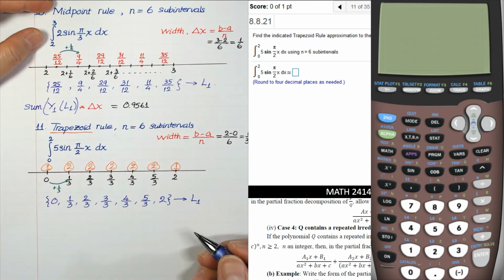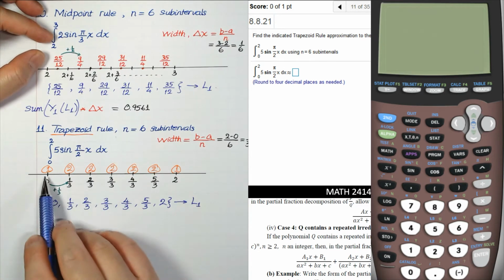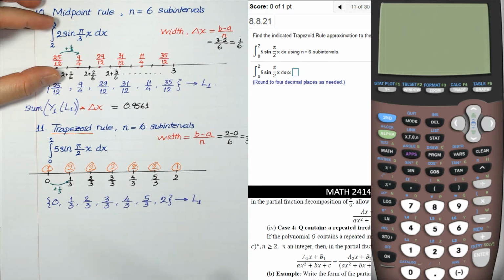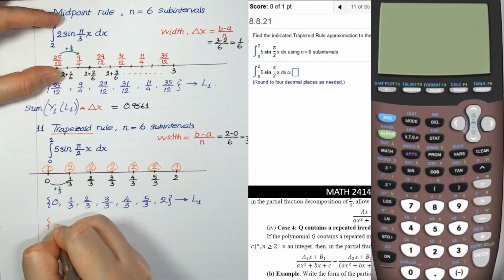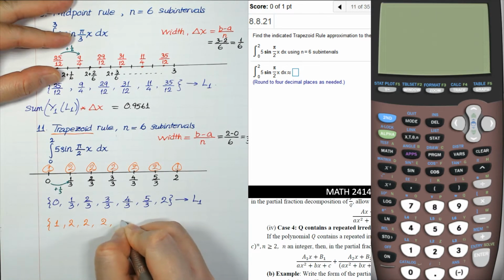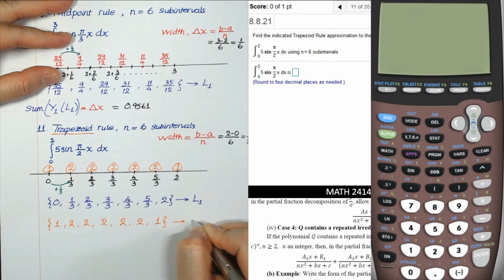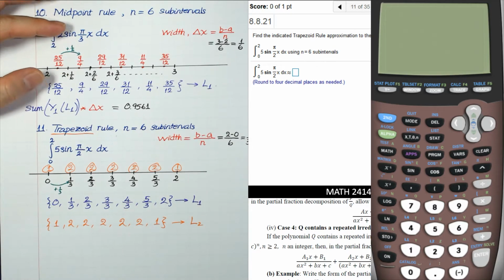And then the coefficients, store that into list 2: 1, 2, 2, 2, 2, 2, 1. Store into list 2.